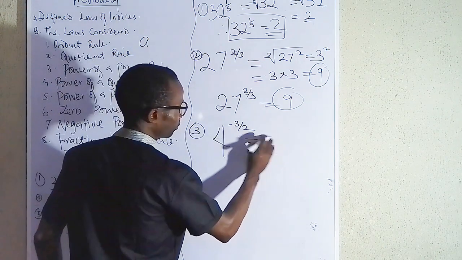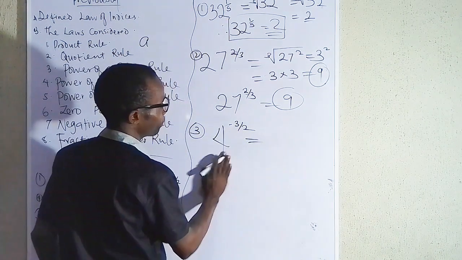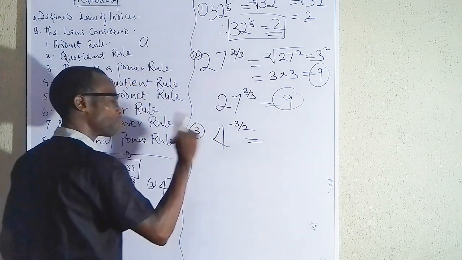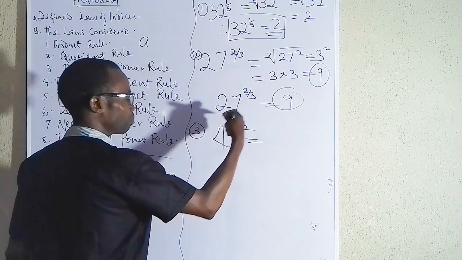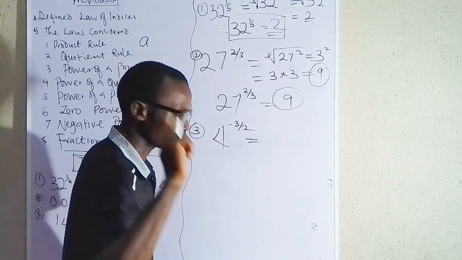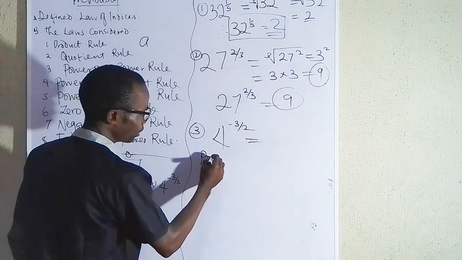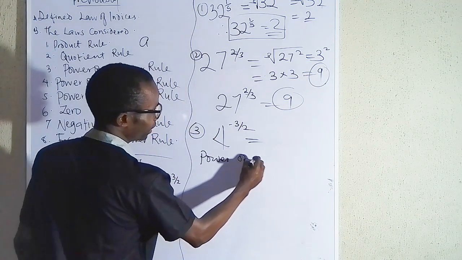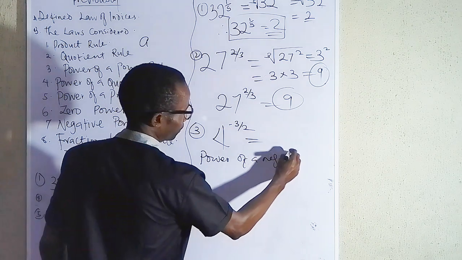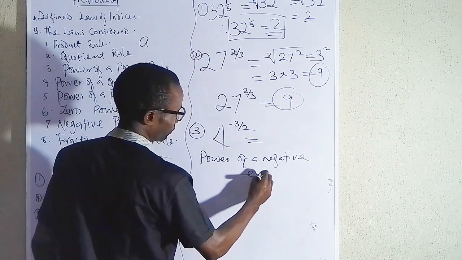This is what we're going to have. The power of a negative exponent. Good. This is how I'm going to put it. The power of a negative exponent.